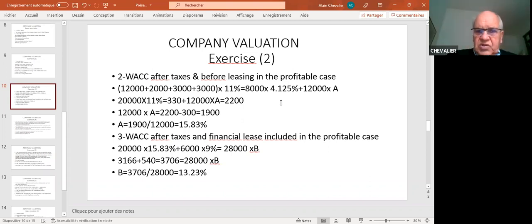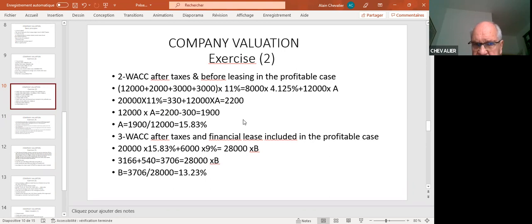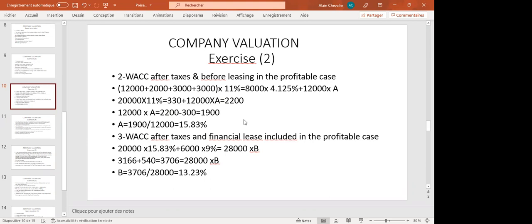The interest of this calculation is, first, to understand these two slides. It is to understand that, of course, we have an impact of a tax rate on the cost of the financial resources, and we have an impact also of the level of profitability.